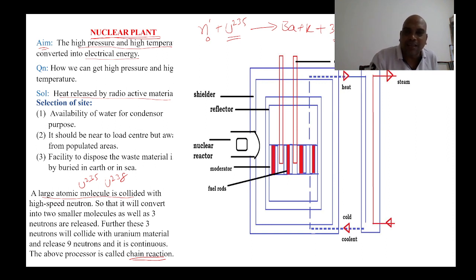Here I will apply the Stalin movie principle, that's it. And this process is called chain reaction. So this is the working of a nuclear power plant. What is the fuel here? Uranium 235, uranium 238. Clear? So this is the working principle of nuclear power plant.